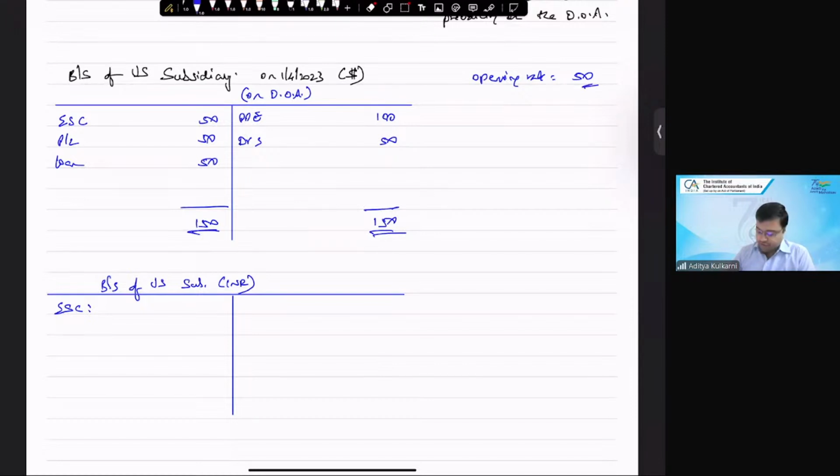That is 50. So 50 into 50, 2500. Do you understand? P&L 2500. Loan 2500. Everything at 50 because this is the date of acquisition.